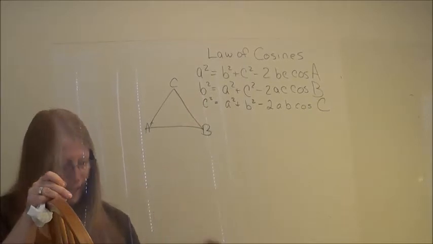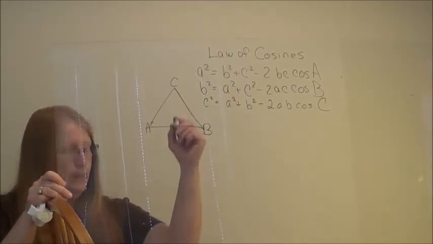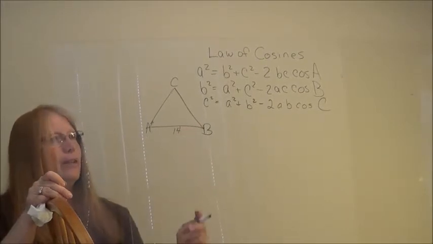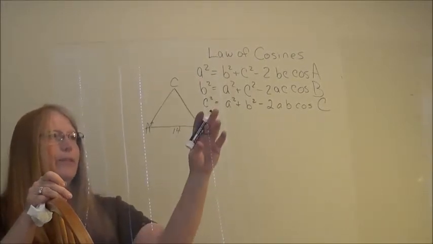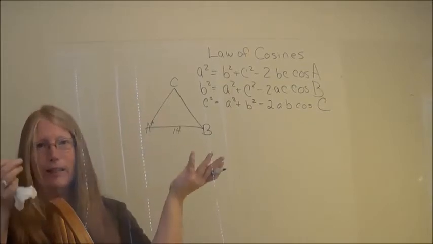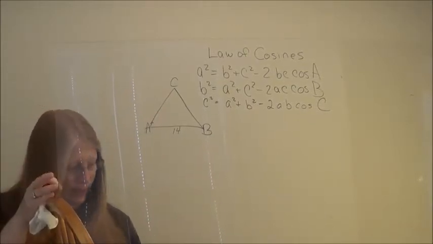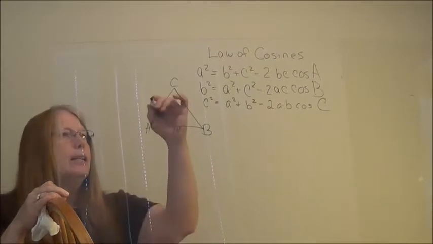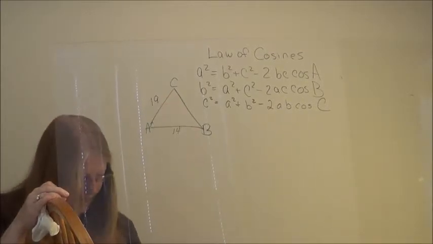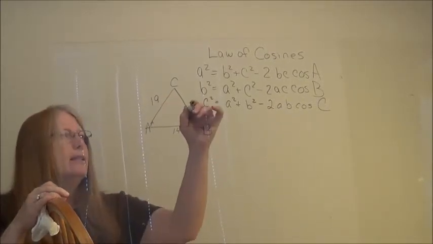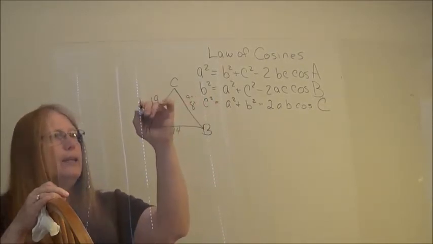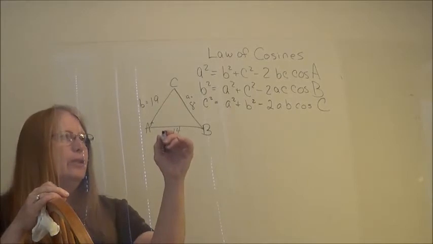Actually, the problem was different, and I switched it around. In the problem, C was over here and the 14 was over here, I just switched it around. So, you can do that. And B was 19, and A was 8. So, this is my little a, this is my little b, this is my little c.